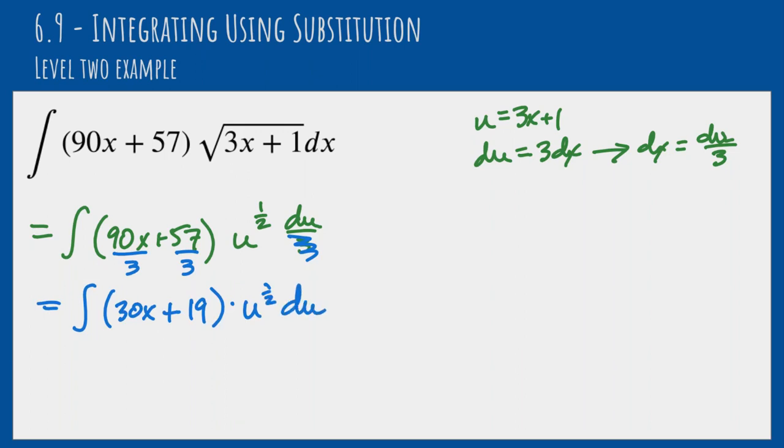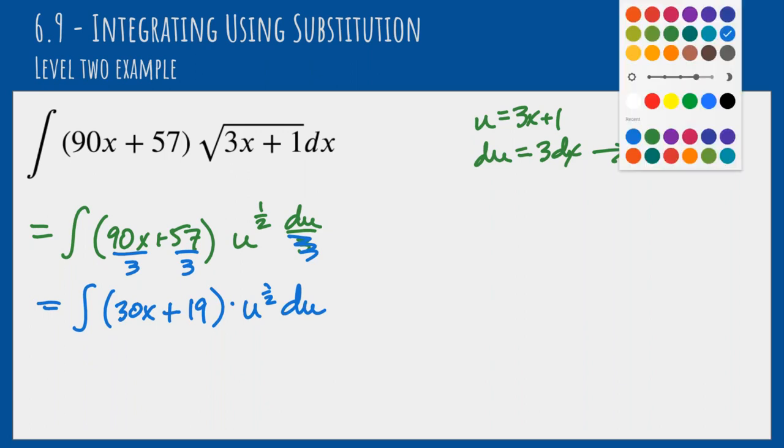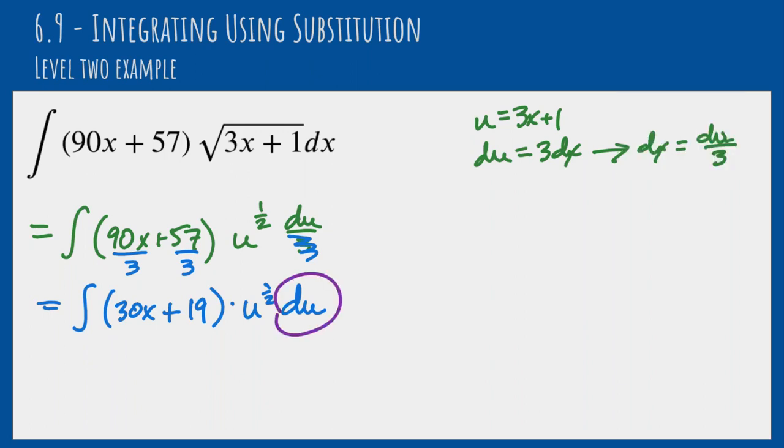Now, the problem we have is if we're taking the antiderivative with respect to u, this entire integrand has to be in terms of u in order to do that. If we had constants, we could factor those out of the integral, take those out front, but this 30x here is not a constant, so we can't do that.